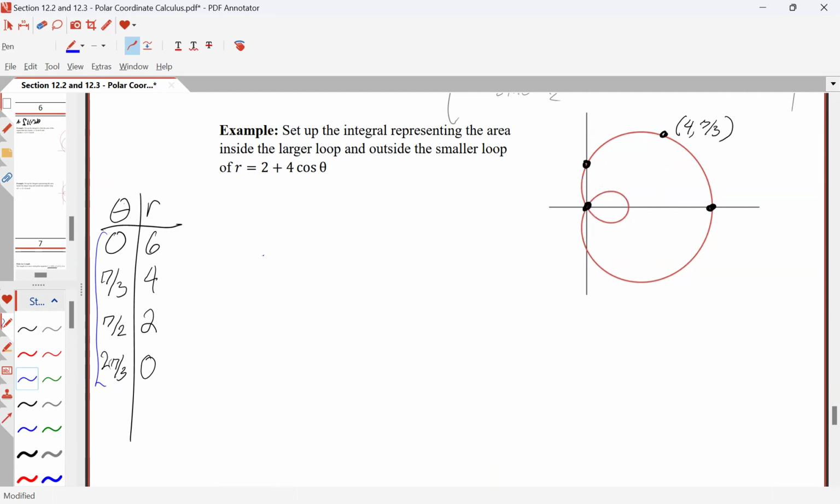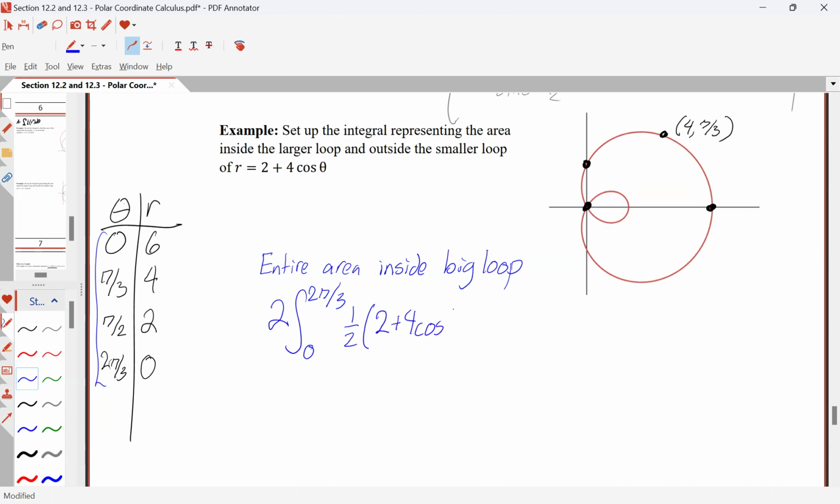So the entire area inside the big loop is 2 times the integral from 0 to 2 pi over 3 of 1/2 (2 plus 4 cosine theta) squared d theta.